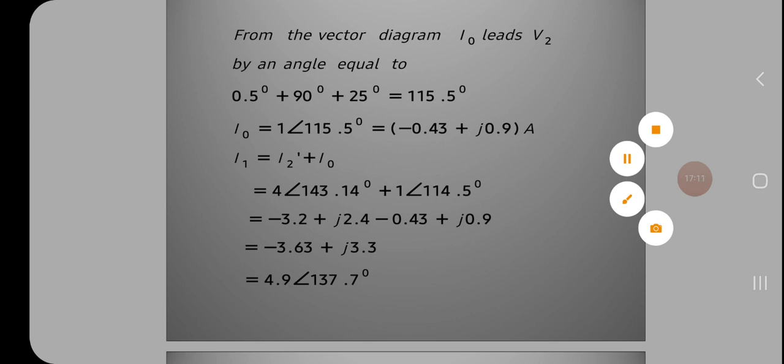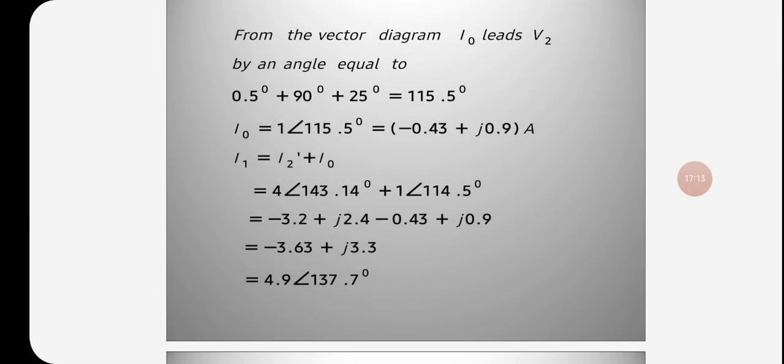So here that is minus 3.63 plus j of 3.3. This rectangular form will be converted into polar form, that will be 4.9 angle of 137.7 degrees.